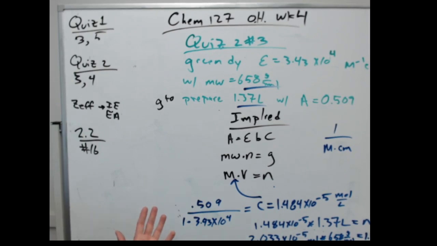So that's why I was like, once we do that implied information, it's like, use the first equation to find concentration, plug it into the third equation to find moles, plug the moles into the second equation to find grams. One of the things I encourage all of you to practice: you do need to practice punching things into your calculator correctly, but really, just figure out this implied stuff faster, not all the calculator work.